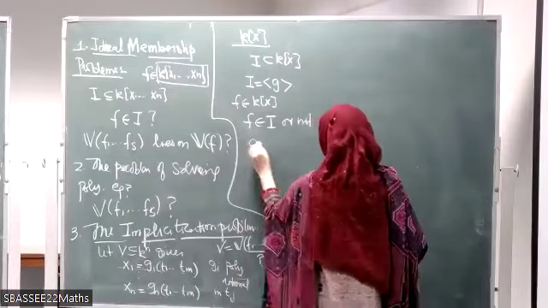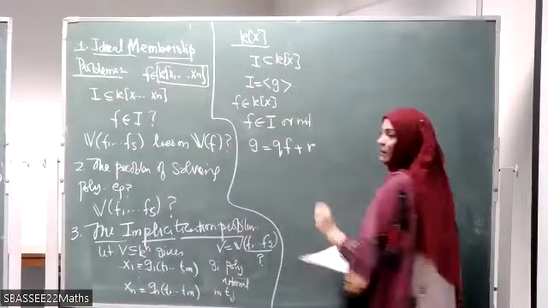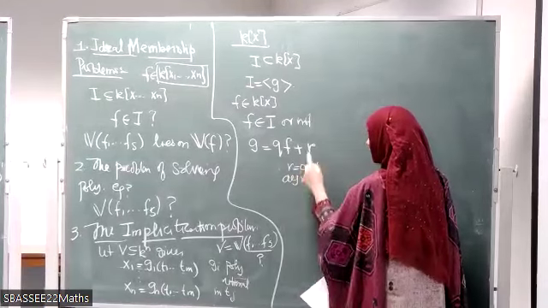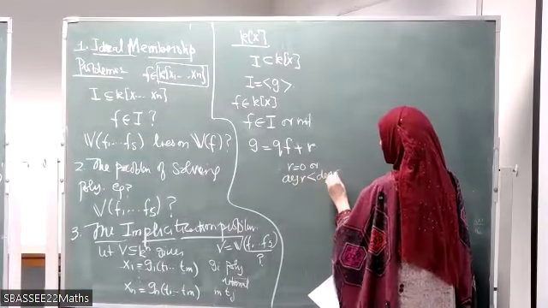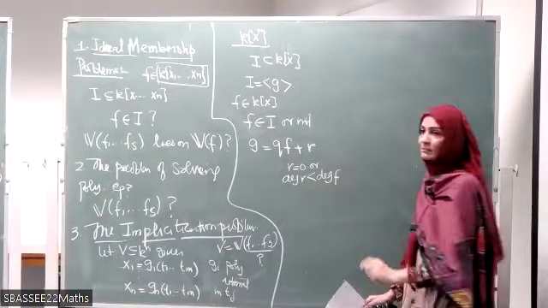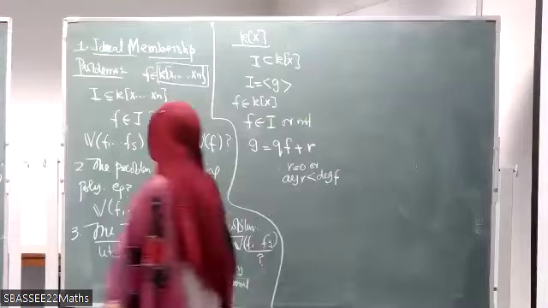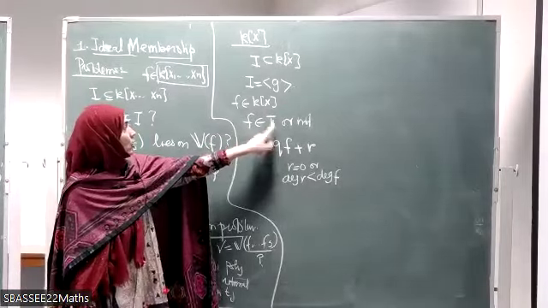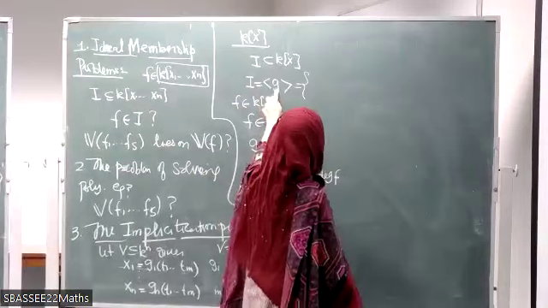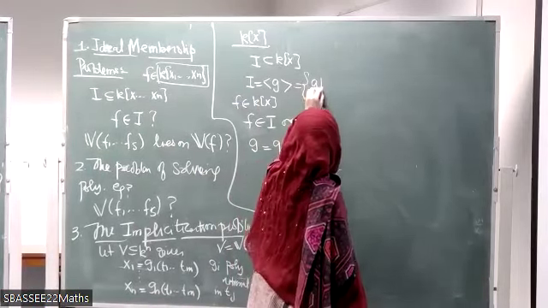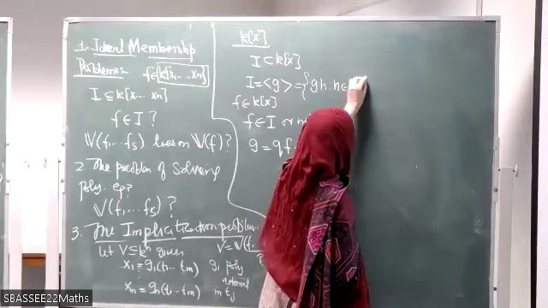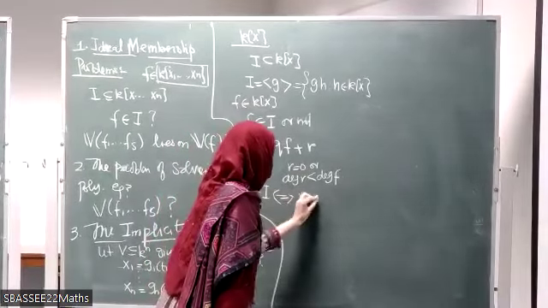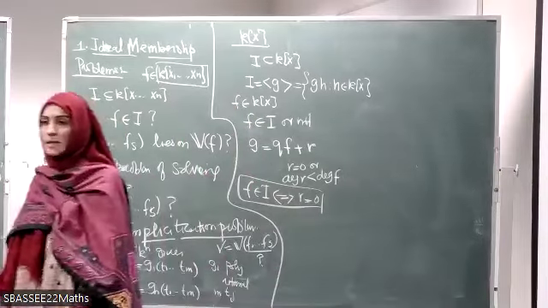I will divide F by G and I will get some quotient and some remainder, where the remainder is equal to 0 or the degree of the remainder is strictly less than the degree of G. Now I can answer whether F belongs to I or not, because every element of I, which is generated by G, is a multiple of G. So F belongs to I if and only if R is equal to 0. It's very simple to answer in this case.